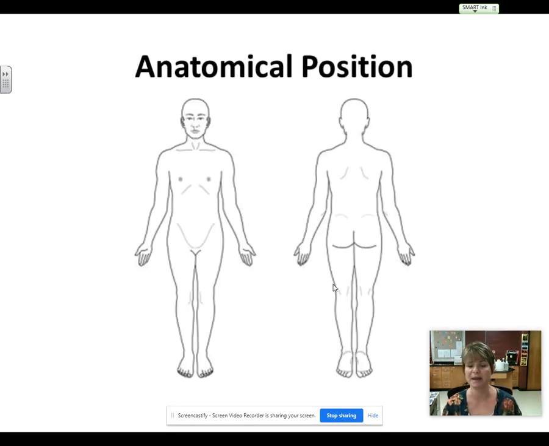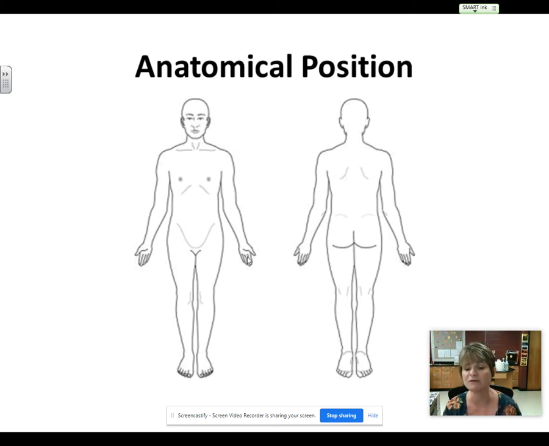Okay, let's talk a little bit about anatomical position. In this picture, this body is in anatomical position. When I ask you to describe anatomical position for me, there are three things I want you to tell me. The first thing I want you to tell me is that the arms are at the sides. The second thing is that the palms are facing forward. Okay, the palms are not facing up.